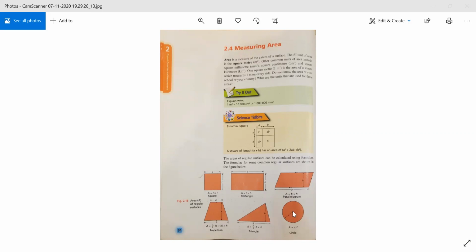It means the middle point of the circle, and when we measure it to the ending point on any side, the radius will be the same all around the circle. So we calculate area equals pi r square. What is the value of pi, beta? Write 22/7 or 3.14. The value of pi is 3.14 or 22/7. When we multiply it by the square of the radius, we will find out the area of the circle. I hope page number 36 is clear to you all.